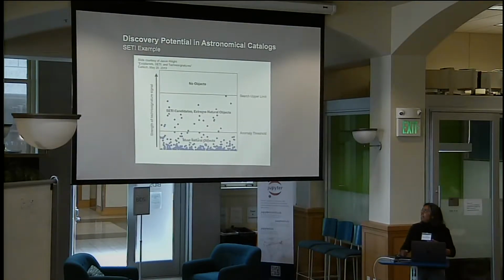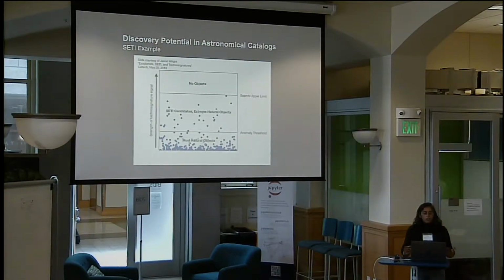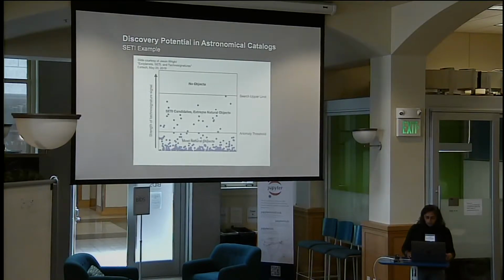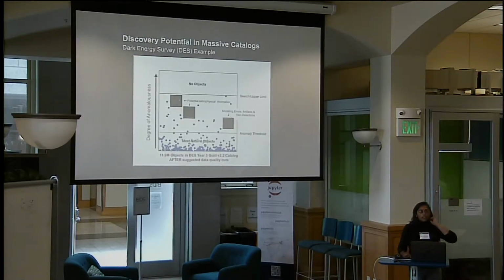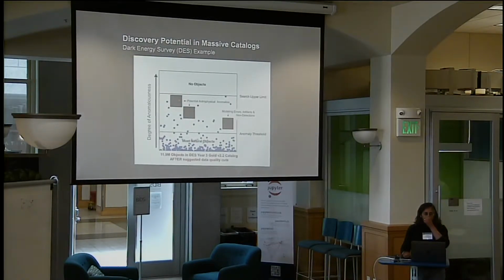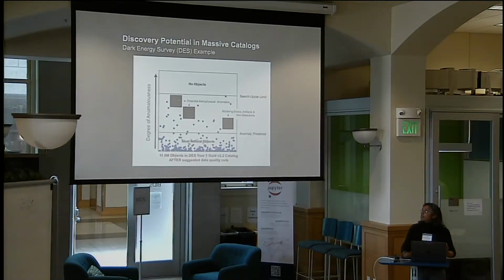The things in that middle layer are potential SETI candidates, extreme natural objects, all the things that we consider interesting and may want to take a second look at. That was our approach with the Dark Energy Survey: we are looking at that middle layer of less frequent, anomalous objects.